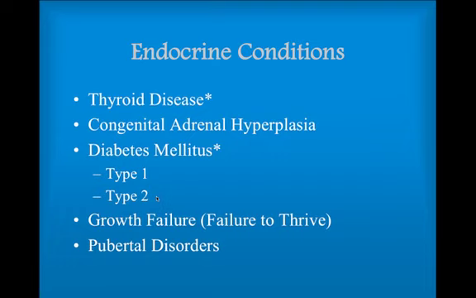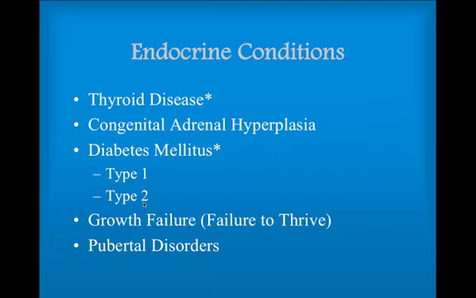Here's a list of the topics that we're going to at least refer to. Notice on this list that we have diabetes mellitus and thyroid disease with an asterisk because they're important, and we will spend some time discussing thyroid disease.